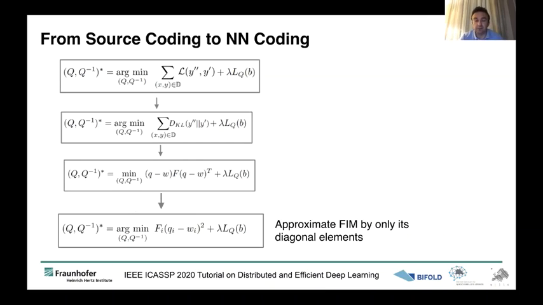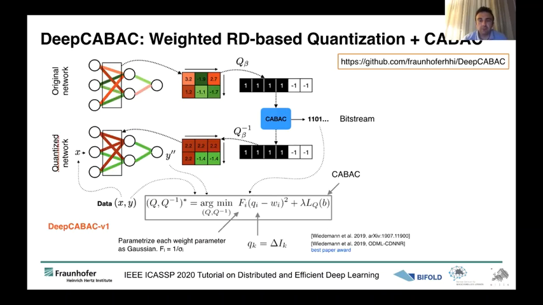So for every term i, we have a weight. I guess there are a few errors here on the slide, so it should be argmin and also an expectation.